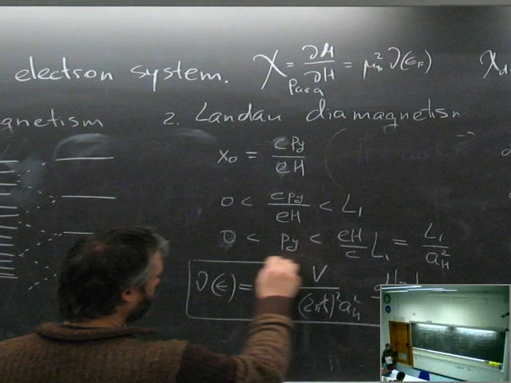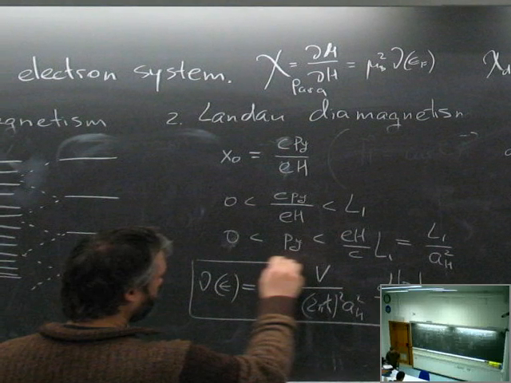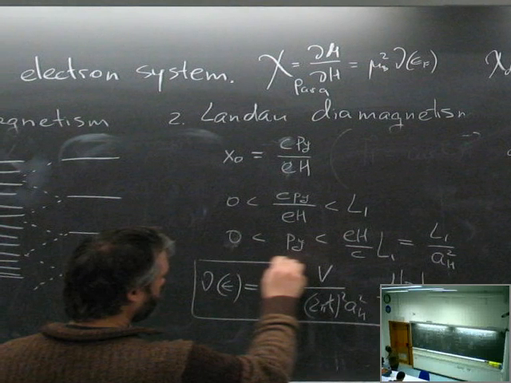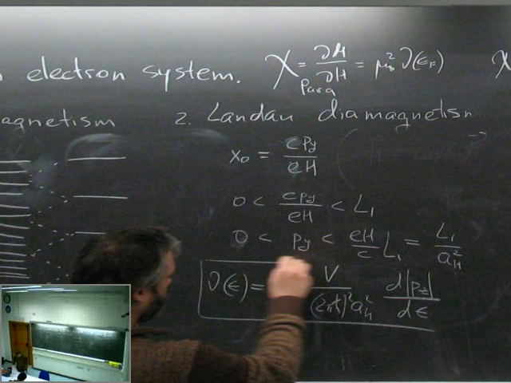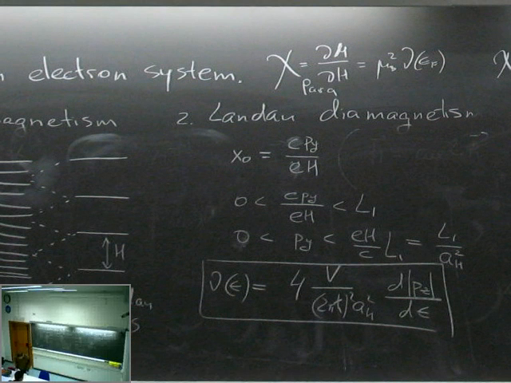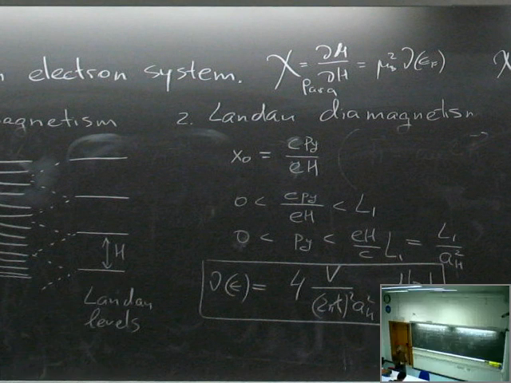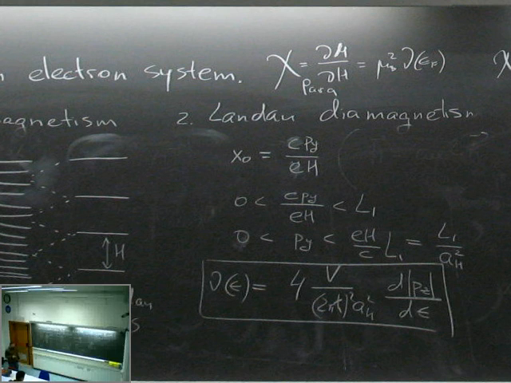So what I need to do in the remaining 20 minutes, and unfortunately it is a kind of involved integral calculation, is to use this density of states in order to calculate the thermodynamic potential omega.